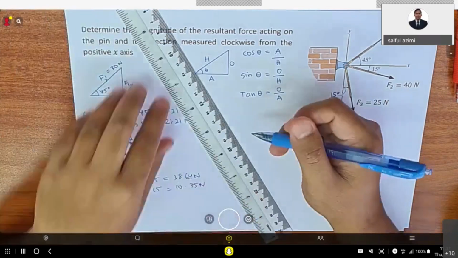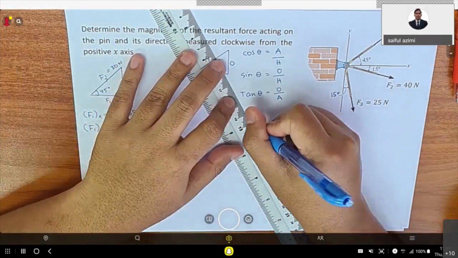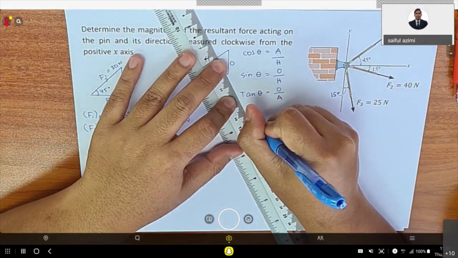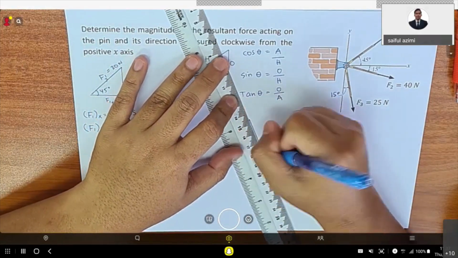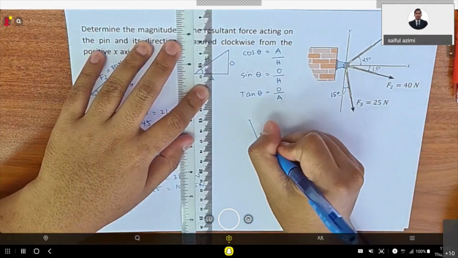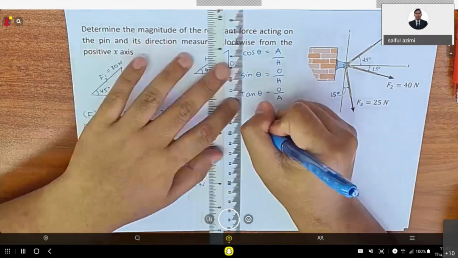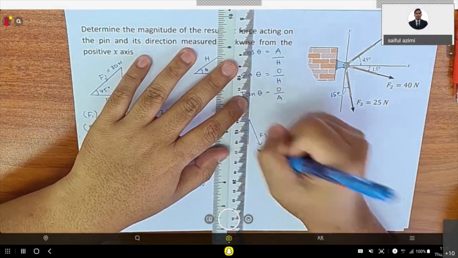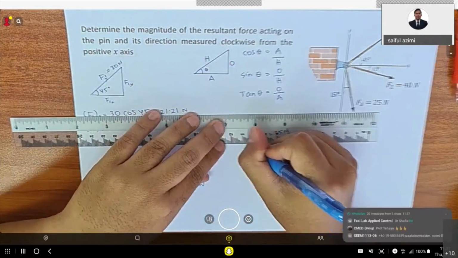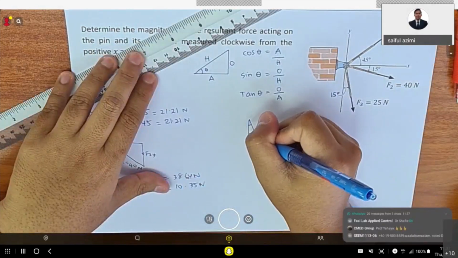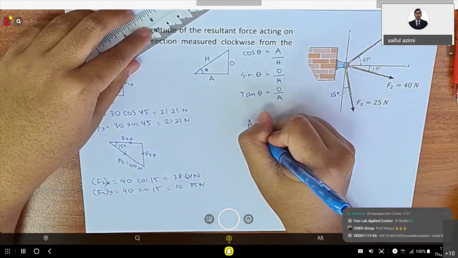So force 3 equals to 25 Newton. You have 15 degree.